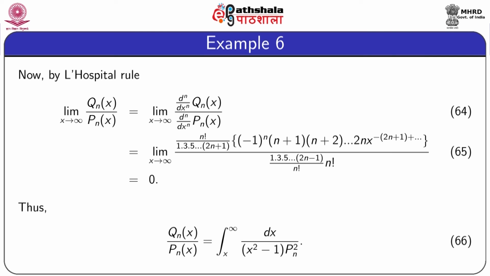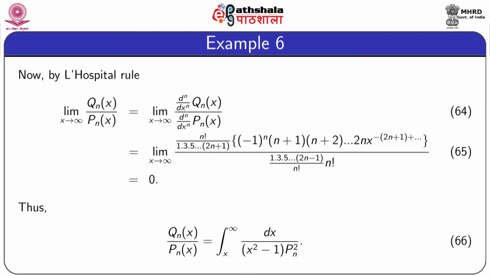Now, by L'Hopital's rule, we can calculate the limit as x tends to infinity of Qn/Pn, which is equal to the limit as x tends to infinity of the nth derivative of Qn divided by the nth derivative of Pn. And if you do that, you get what is given in equation number 65. In equation number 65, please note that the power of x is −(2n+1).